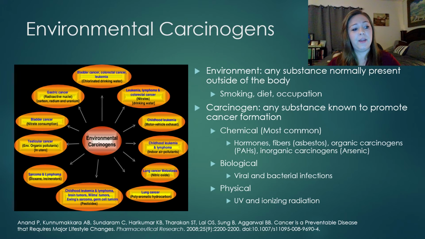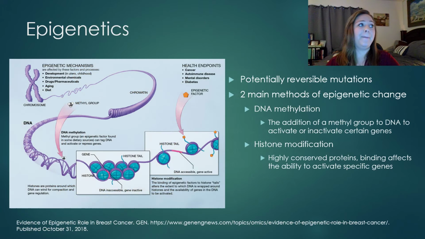Next, we're going to go ahead and move on to epigenetics. So epigenetics are potentially reversible mutations, and they're typically displayed in one of two ways. The first way is DNA methylation, which is the addition of a methyl group to DNA, which can activate or inactivate certain genes.